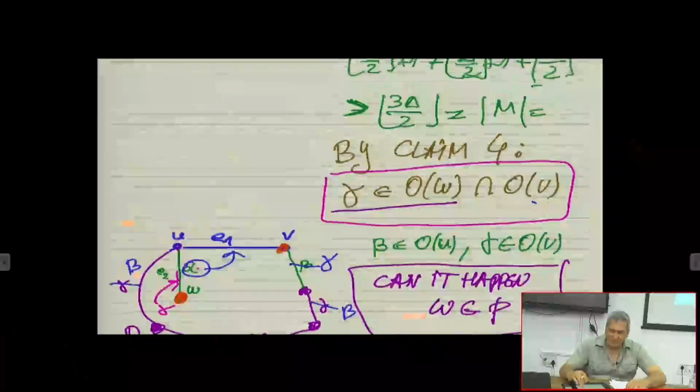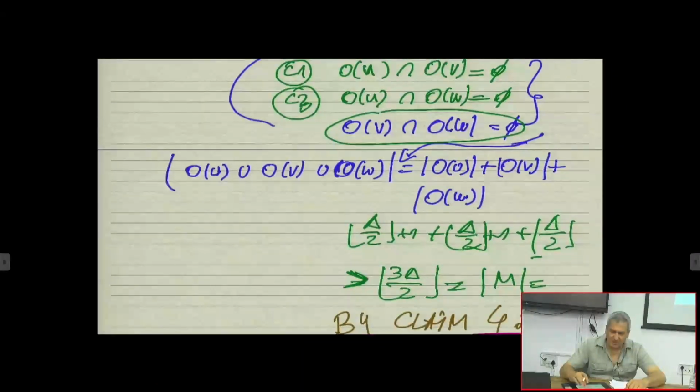Okay? You take all the colors of U and the colors of W. So when we take the cardinality of the color sets of U, V, and W, we get it to be at least the total number of colors. Yeah, this is a contradiction. So this assumption is wrong.